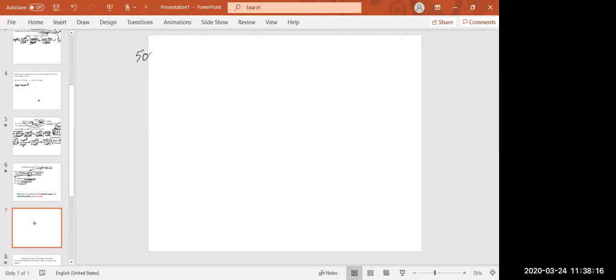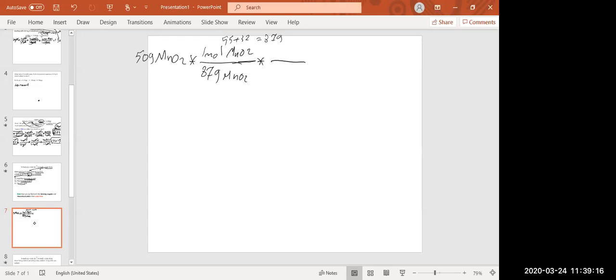So I'm going to start with 50 gram MnO2 times the molar mass of MnO2, which is 1 mole MnO2 divided by... Okay, so here we have 55 for manganese plus 32, and we will get here 87 gram. 87 gram MnO2 is the molar mass of MnO2.